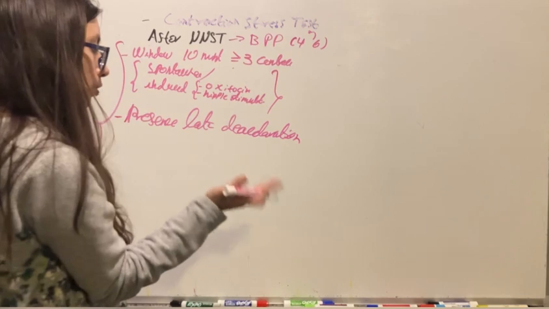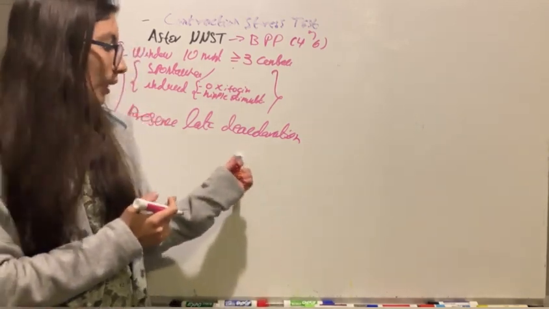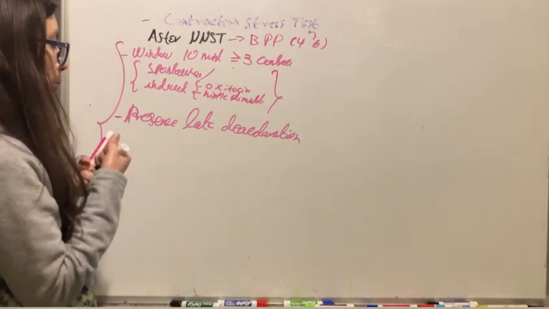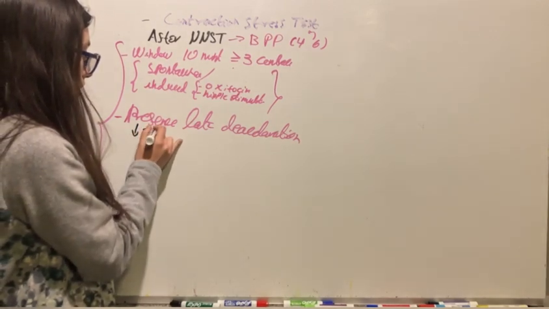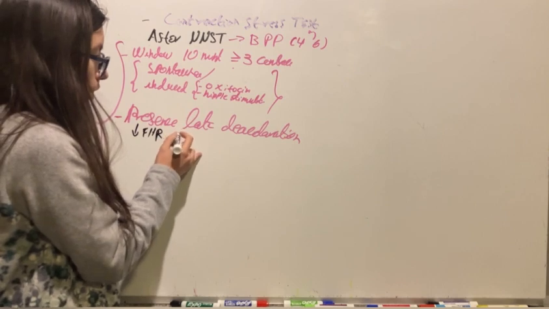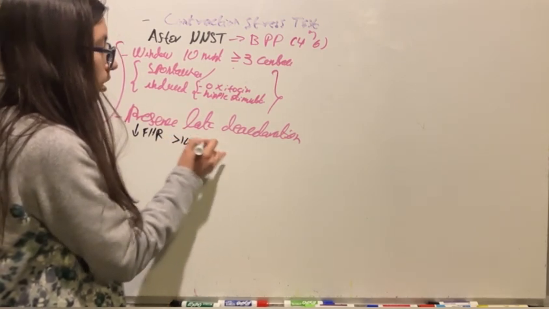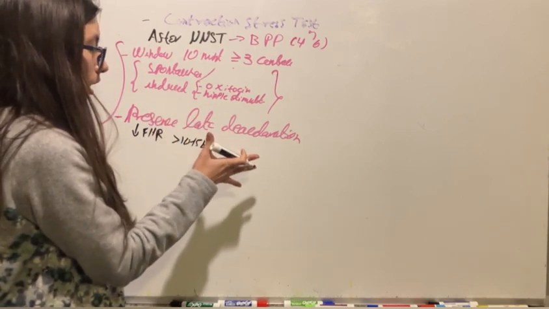So in previous videos we defined deceleration and late deceleration. A late deceleration is going to be a decrease in fetal heart rate of more than 10-15 beats per minute, and this is a gradual deceleration.